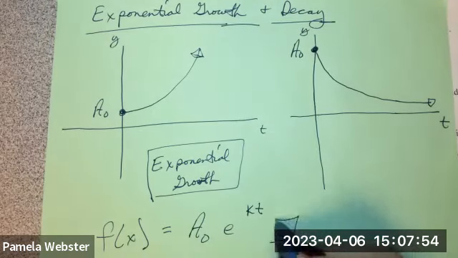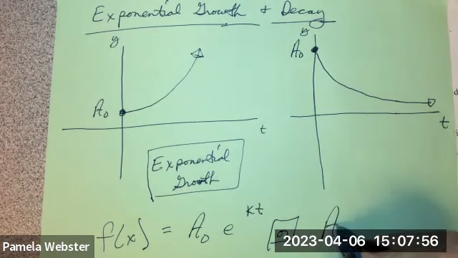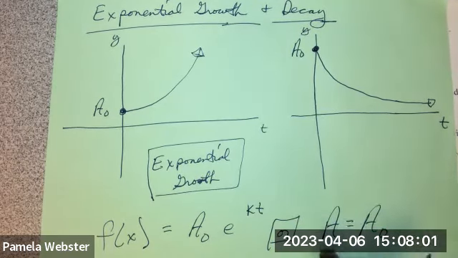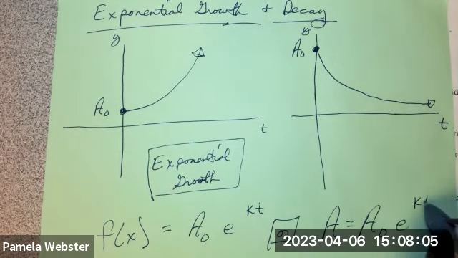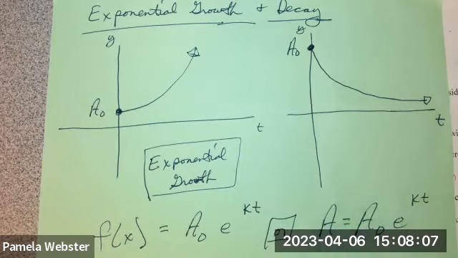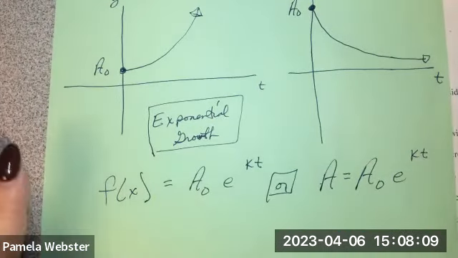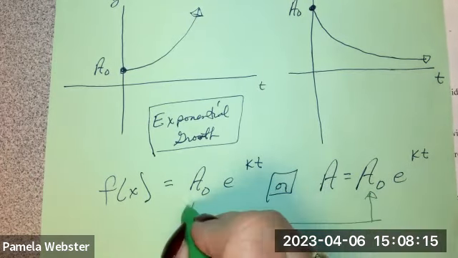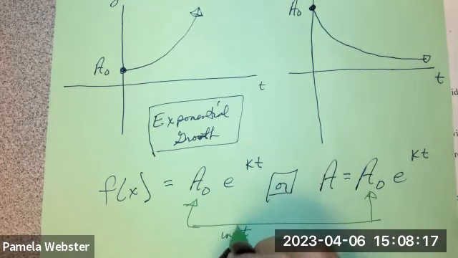That's if you're looking at it as a function, or they may say A. Remember from our compound interest formulas, A is normally amount. So initial amount times e to the kt will give me the amount at the end, is the way we read that. Depending on which one you're doing, the A sub naughts are the same. This means initial amount.